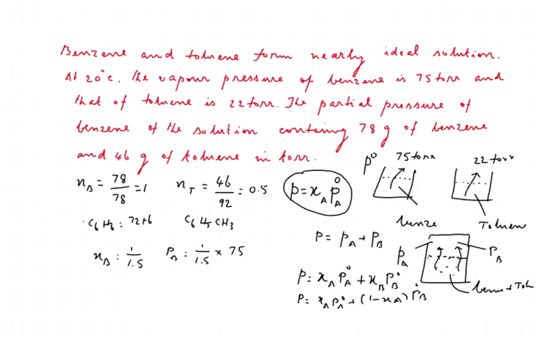So it is coming out to be 50 tar. And for PT, for the toluene, it is 0.5 by 1.5 into 22 tar. 22 tar is the vapor pressure in its pure state. So the answer is 3.3 tar. So total vapor pressure will be 53.3 tar. So this is how the vapor pressure is calculated.